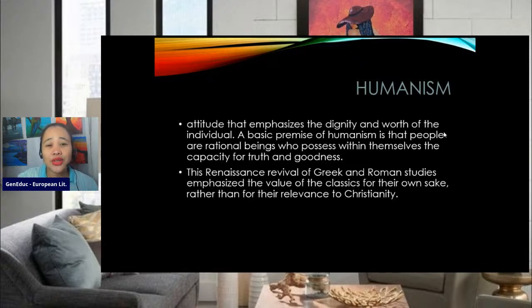So again, the attitude that emphasizes the dignity and worth of the individual. That is really something you will love to read, because when it talks about humanism and about what's good for an individual, it will invite you to read those things, and then you tend to read more of this kind of literature.